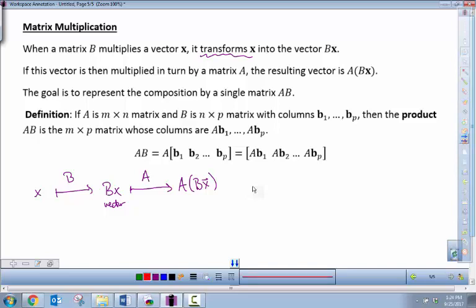So the idea is to go from vector x to this new vector in one shot, and this is the multiplication, A times B applied to the vector x. So that's what they're trying to go for. That's how they're defining matrix multiplication, as a composition of matrix A and matrix B to get to your output.